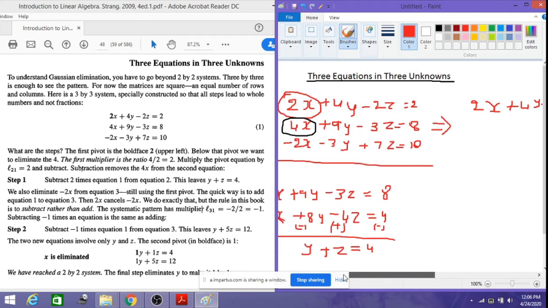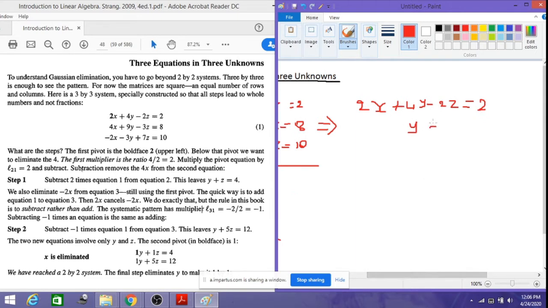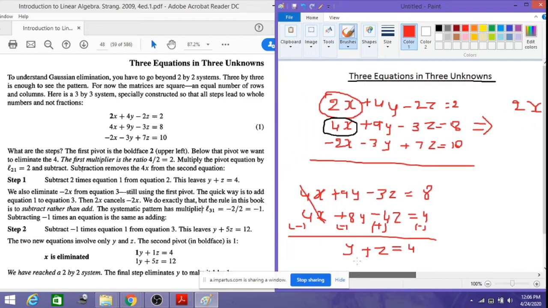And what is the new equation we got? We got the new equation as y plus z equal to 4. So now we have eliminated this first coefficient in the second row.